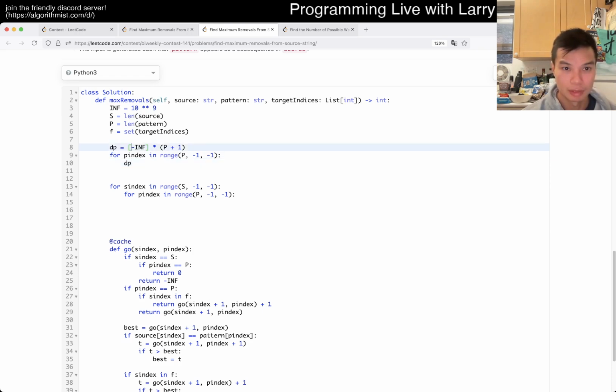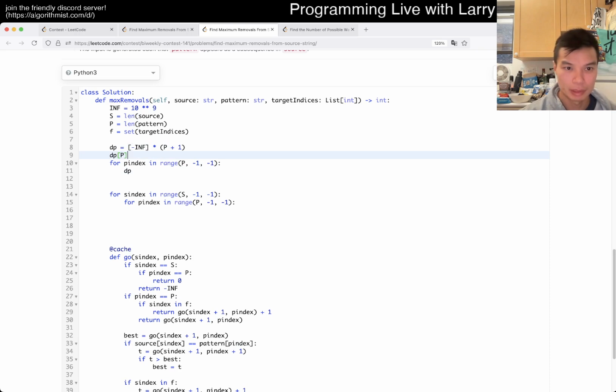So dp of P is 0, 0, and then now this is going to be P minus 1. DP of P index, you go to negative infinity.